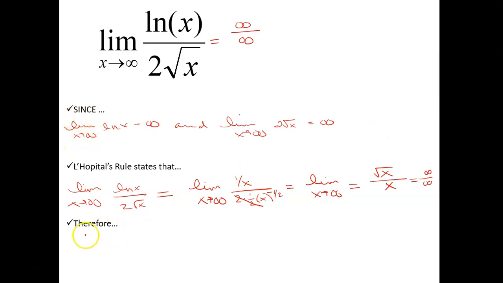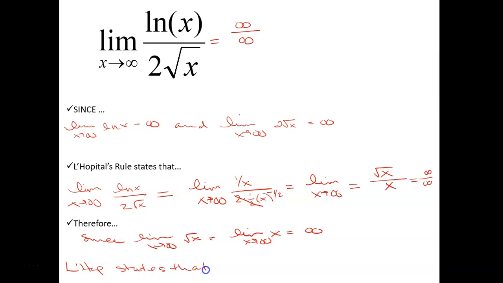So since the limit as x approaches infinity of the square root of x is equal to, I'm going to do a shortcut way this way, the limit as x approaches infinity of x, and those are both equal to infinity, L'Hopital states that this limit is equal to this limit, the limit of their derivatives.